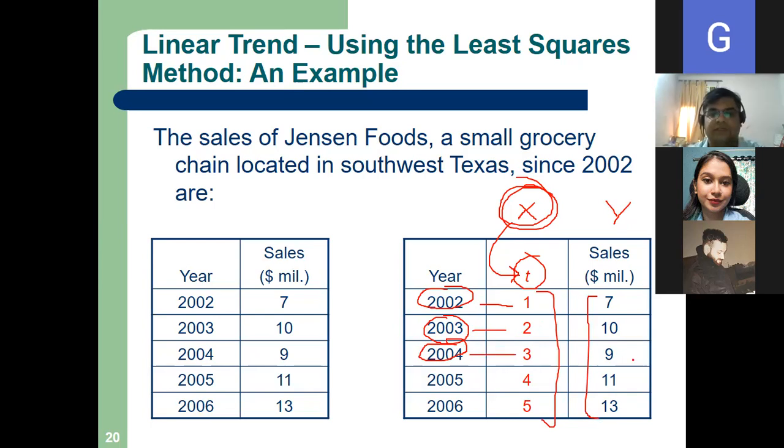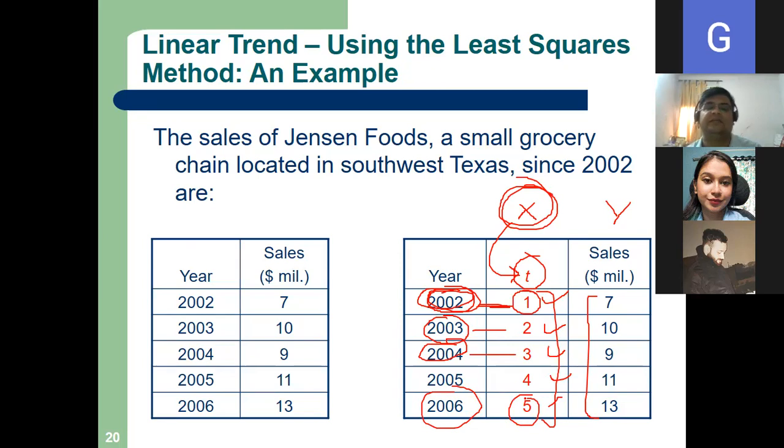Yes, students, regression equation. So this is called coding. We cannot take the year as data, so we give some sort of coding. Here we have given 1 to the furthest year, then 2, then 3, then 4, and the most recent year, 2006, is given 5.